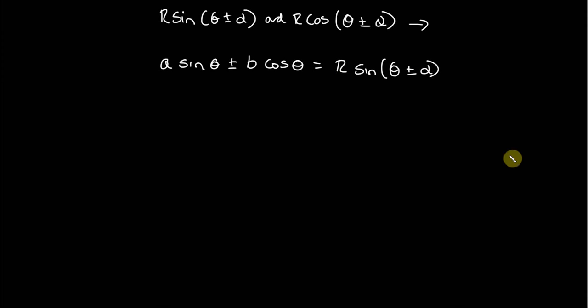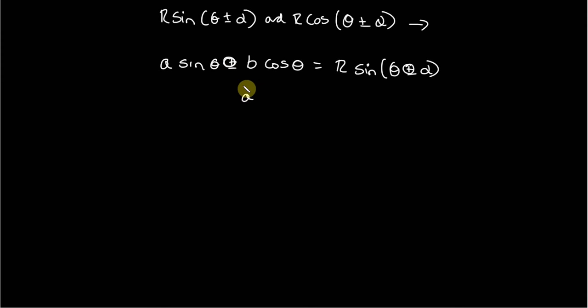In expressing the left hand side as the right hand side, let's take the positive case. We could take the negative case if we wanted to. It's a bit of an arbitrary selection. The positive case makes life a little bit easier. So what we want to do is set up an identity.